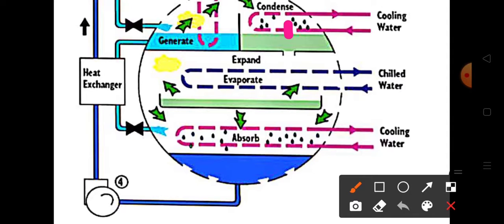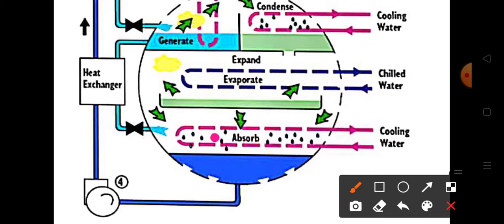When the temperature is reduced by the condensate, the temperature of the condensate increases, and this high temperature condensate from the evaporator falls on this absorber, and here also the temperature of water reduces.